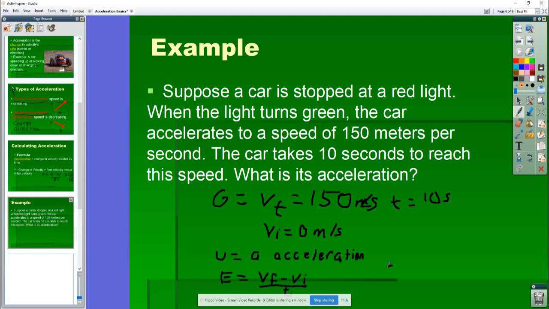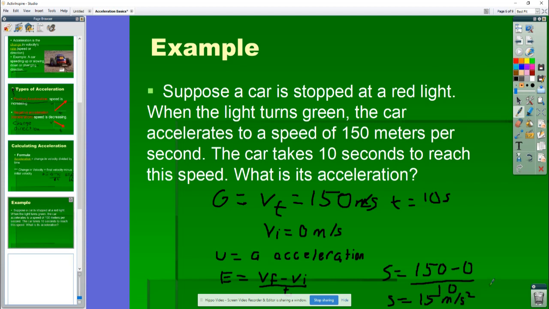I'm going to put the second S over here, or first S over here. So let's substitute. Final velocity is 150. Initial velocity is 0. Time is 10. So 150 minus 0 is 150. 150 divided by 10. Our final solution is 15 meters per second squared.